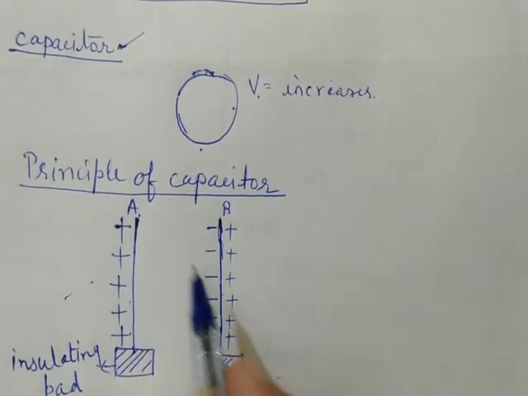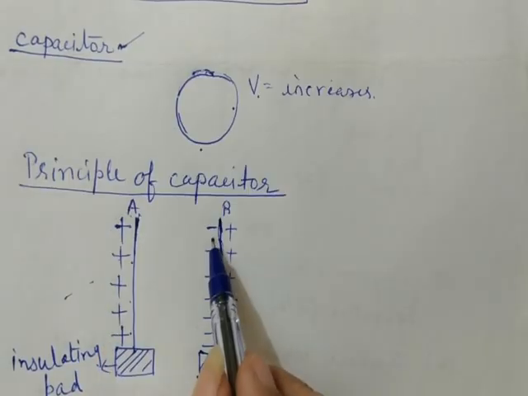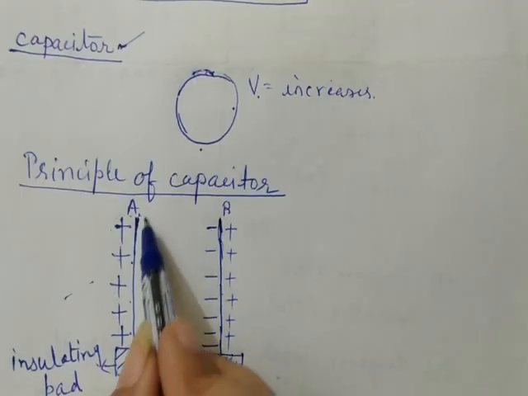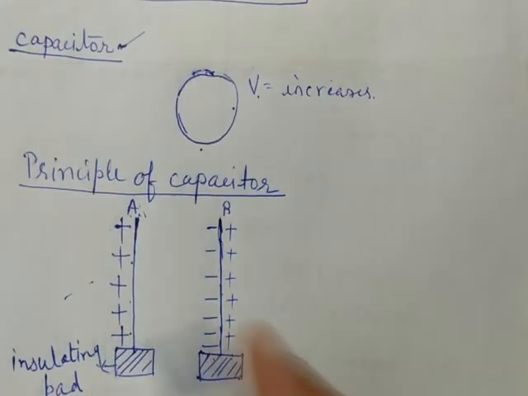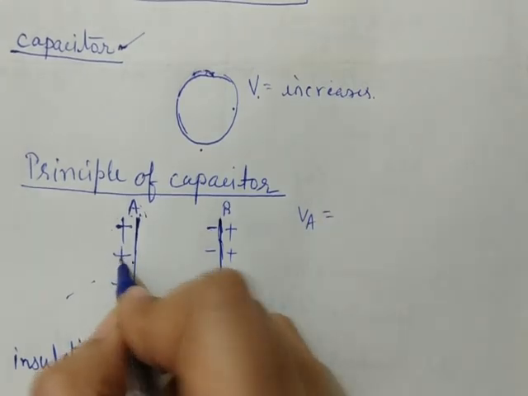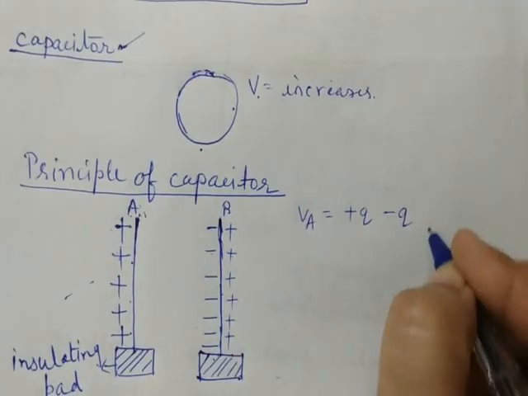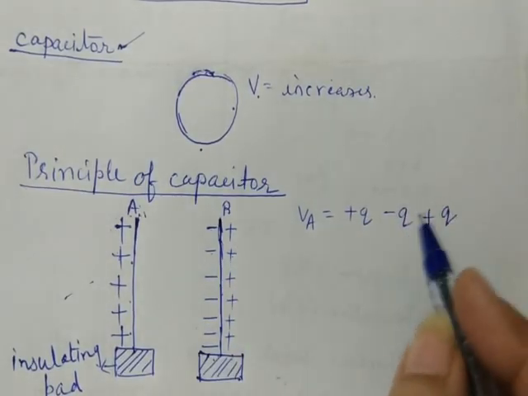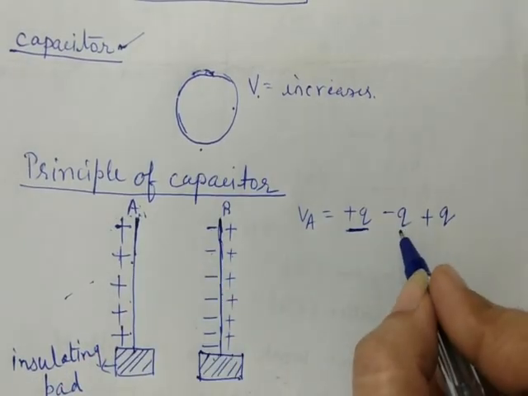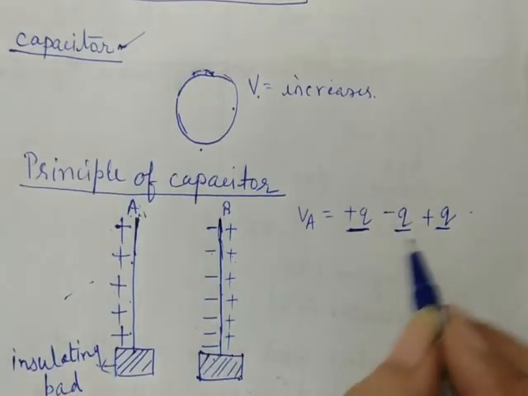Now, because in the vicinity of this positive charge there is negative charge, and there is another positive charge, the total potential of this rod, if I say VA, will be this charge plus Q, this charge minus Q, and another charge plus Q. This charge has the least distance from this rod, this has slightly more, and this is at the maximum distance.